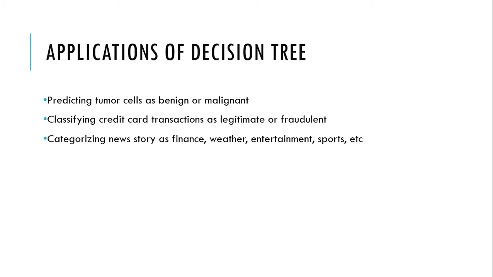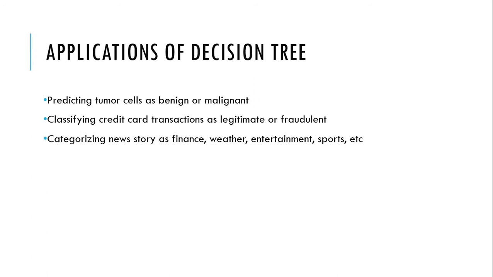Okay, what are certain applications of it? So the first application is predicting tumor cells as benign or malignant, right? This is a classification task, a binary classification, where we're going to classify the tumor cells. Then again, classifying credit card transactions as legitimate or fraud. We are going to take some samples wherein I will have some records showing as legitimate, some records as fraudulent.